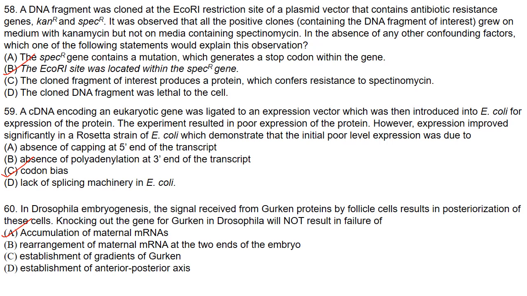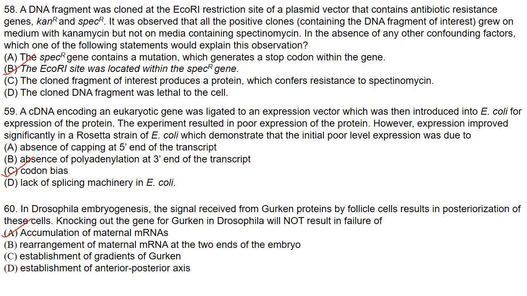That doesn't mean kanamycin was harboring the EcoR1 restriction site, or else when you insert the DNA in the kanamycin resistance gene, it would have inhibited the growth in kanamycin media. But here they do not grow on spectinomycin medium. So the EcoR1 site is located within the spectinomycin gene. That is the correct explanation. Answer is option B. Then next one.